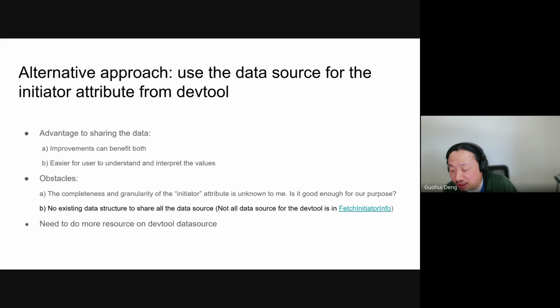Noticeably, in some cases the initiator is from the fetch initiator info, and in other cases the information is taken from somewhere else. So significant refactoring may be required for the dev tool and the resource timing to share the data elegantly. I definitely need to do much more research on the dev tool data source to have a better understanding of exactly the situation here.